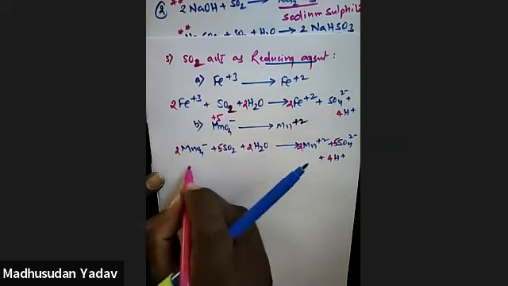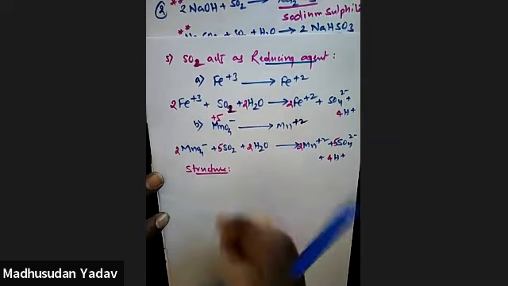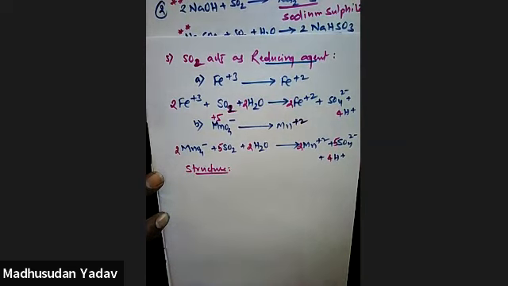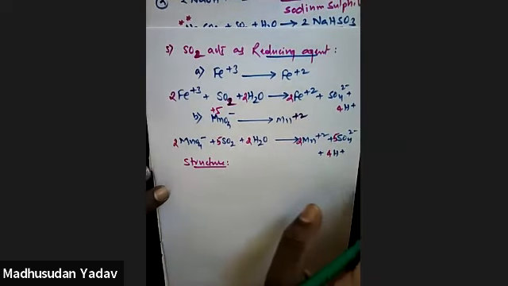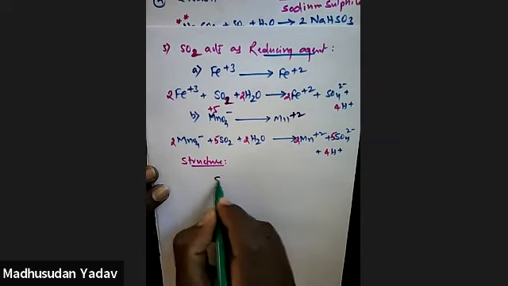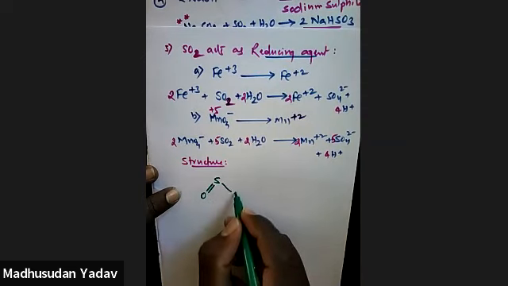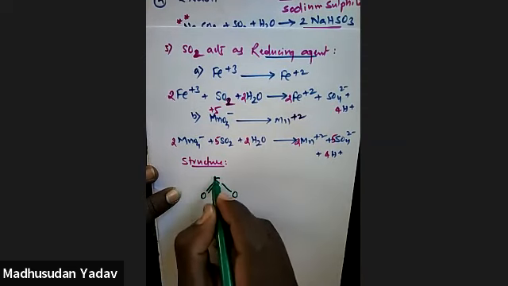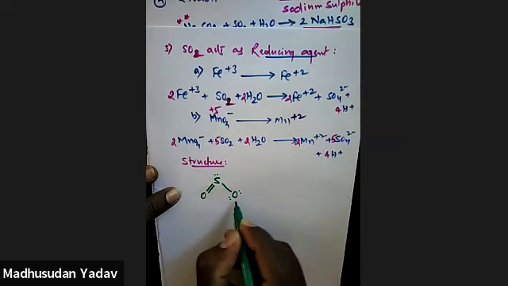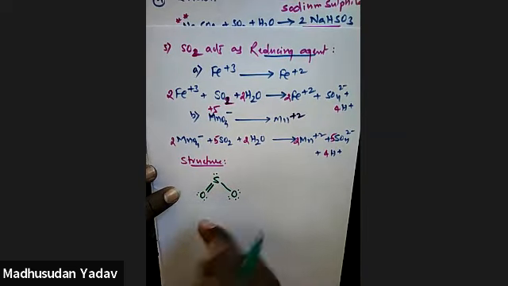Now let's discuss the structure of sulfur dioxide. How does its structure look? Sulfur dioxide, right? Sulfur in the middle. It actually has an angular shape, and here 3 lone pairs on this oxygen, 2 lone pairs.